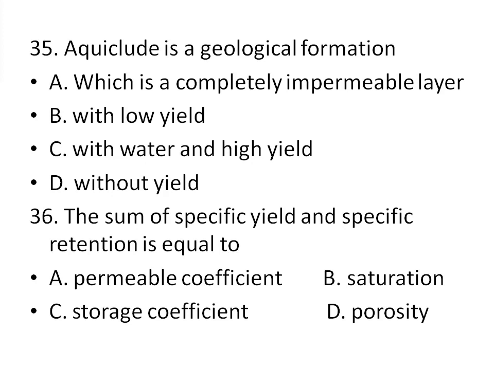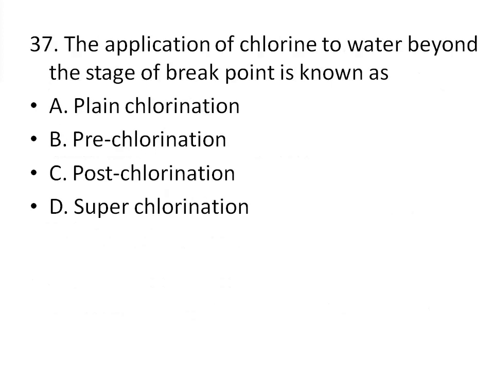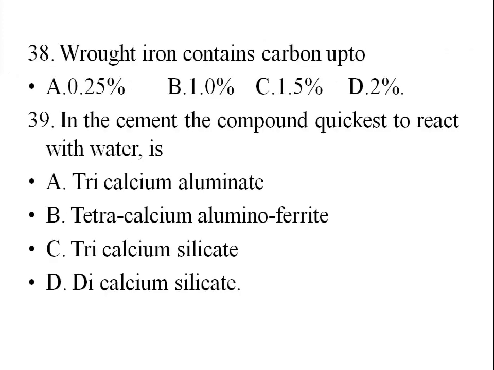36th question. The sum of the specific yield and specific retention is equal to option D is the answer, porosity. 37th question. The application of chlorine to water beyond the stage of break point is known as option D is the answer, superchlorination. 38th question.